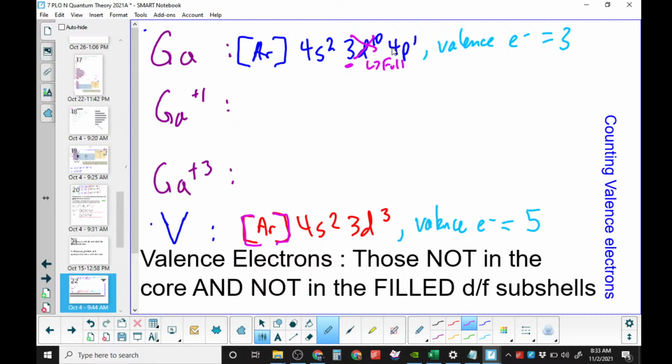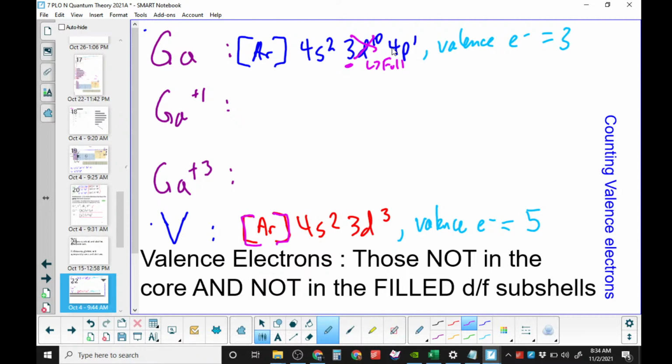As long as you're in the row, you still have to count them. So the number of valence electrons in zinc, yes? 12. It's a lot of valence electrons.